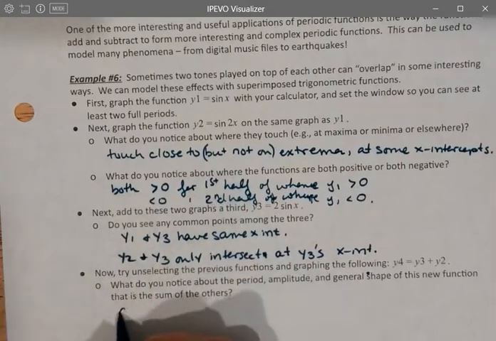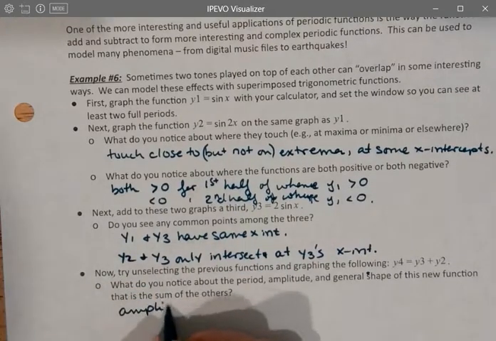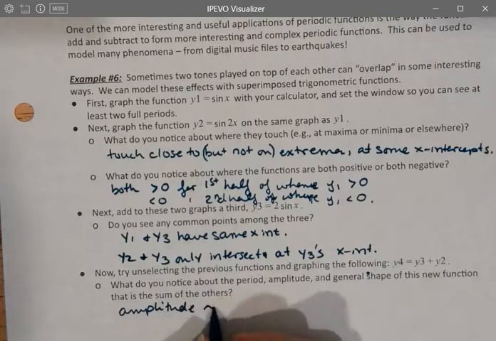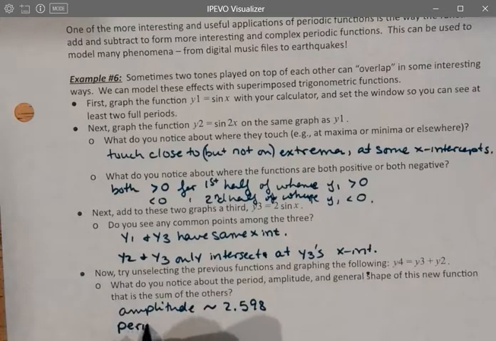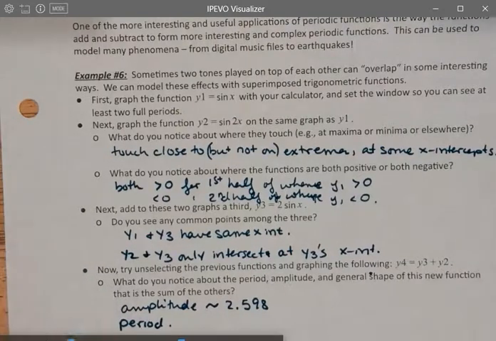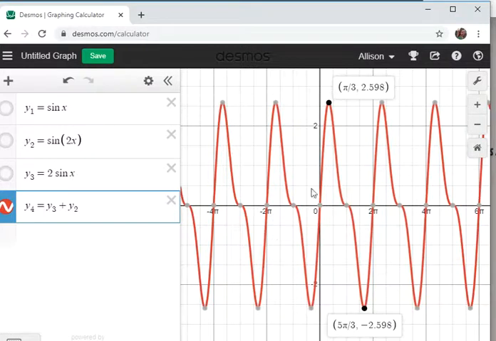So it has an amplitude of approximately 2.598. What about its period? Didn't look for that last time, so let's look at that graph again. So remember that amplitude is measured from the horizontal, so you need to go up the same distance and down the same distance for it to be the amplitude. Then the period, this thing seems to repeat every 2 pi. So I have a period of 2 pi.